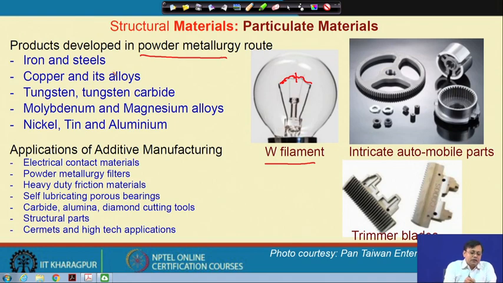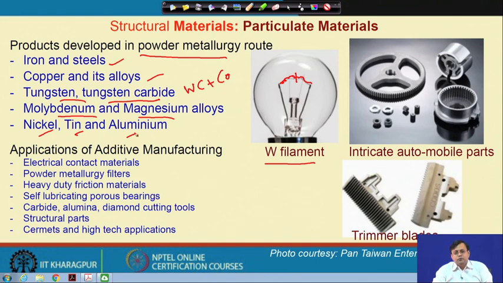Iron and steel, copper and its alloys, tungsten, tungsten carbide, which is basically a cermet where tungsten carbide plus cobalt matrix are used, molybdenum and magnesium alloys, and also nickel, tin, aluminum, many products are made from this particulate shape.